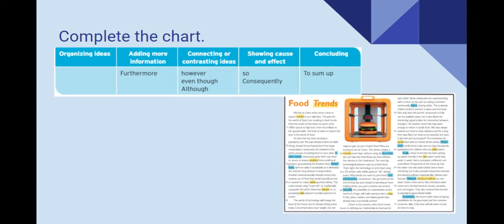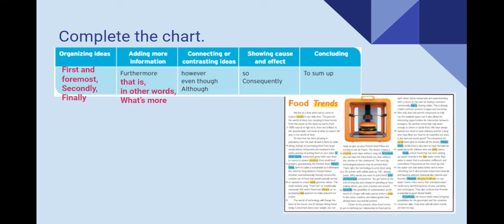Okay, so the ones that we should have found for organizing idea linkers were first and foremost, secondly, and finally. Did you find this? Great. Now, to add more information, you should have found that is, in other words, and what's more.